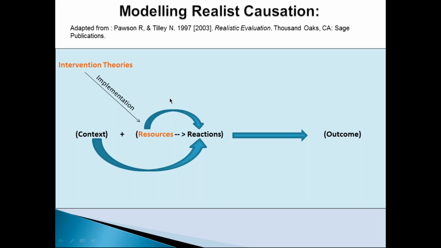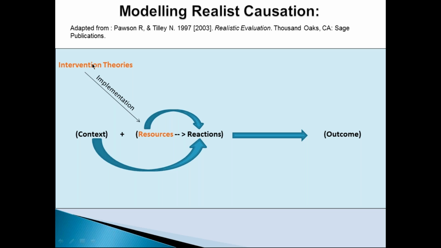What I'm saying is that you have intervention theories that are, say, on the books. So the blueprints. You have the blueprints of the intervention, but then those blueprints get translated upon implementation. Once they get put into place in the manifested world, they manifest as resources.